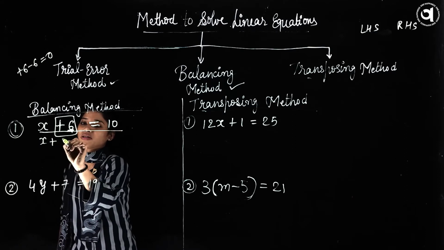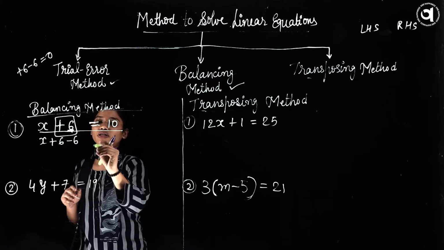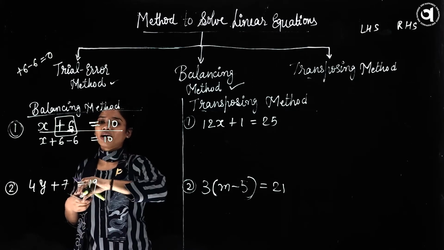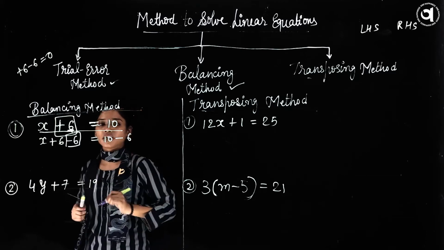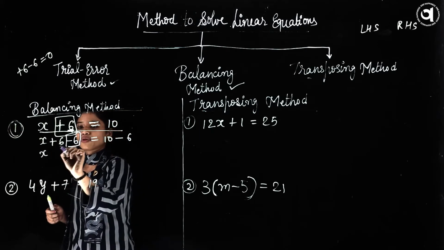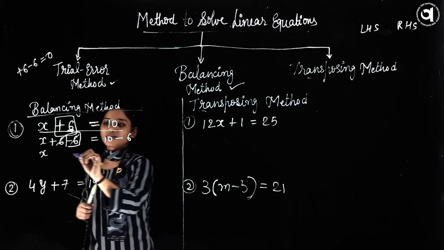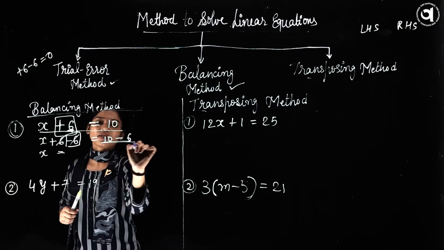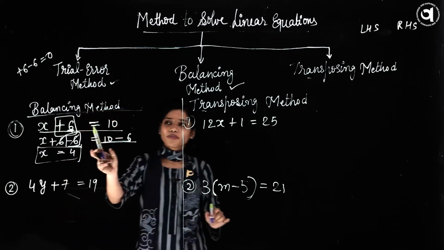I am taking minus 6. If I am taking minus 6 on the LHS, on the RHS also we have to take minus 6. So we can easily remove x plus 6 and minus 6, you will get 0. Now what is left? 10 minus 6, that gives the value of x, which is 4. So this is the balancing method.